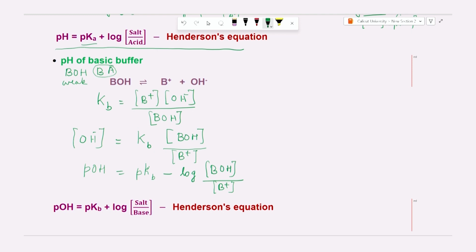And B plus, as we all know, comes from the salt, because here we will be having very little B plus ions from the weak base and most of the B plus ions are coming from the salt. So, that gives the concentration of the salt over here and this will be the concentration of the base, and that has been inverted, you get the Henderson's equation.